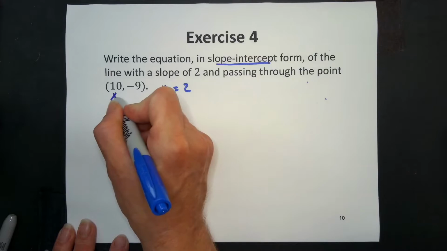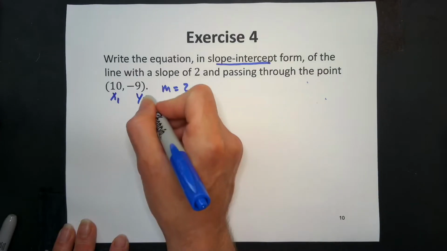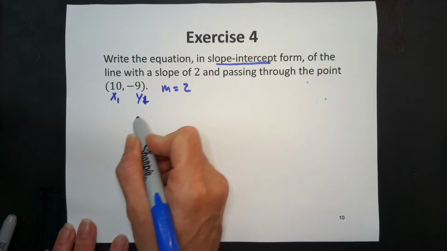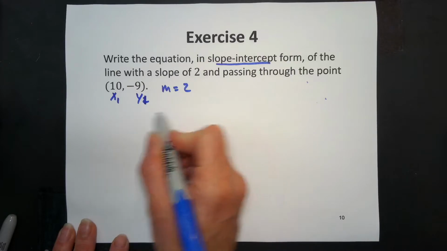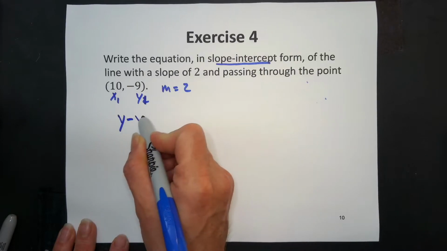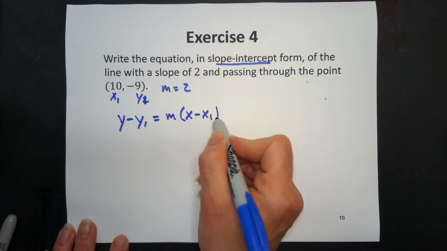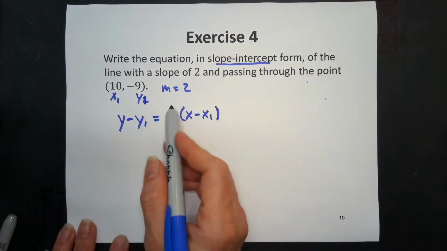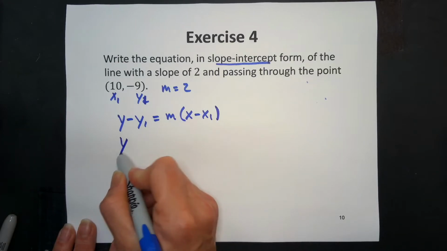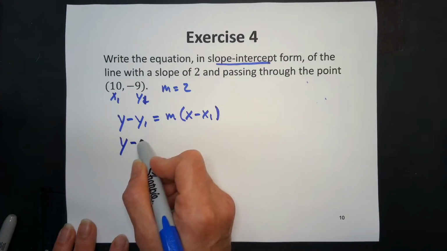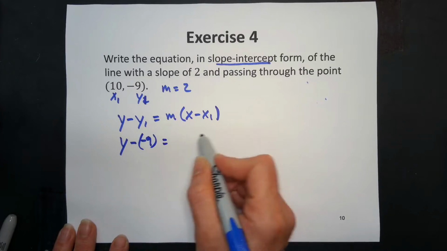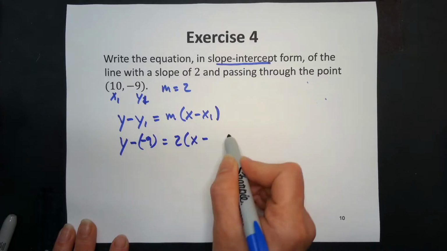So this is going to be my x1, my y1. And I'm going to just write my equation back out. So I have y minus y1 equals m times x minus x1. And so I'm just going to substitute my numbers in. So I'm going to have y minus -9 equals 2 times x minus 10.